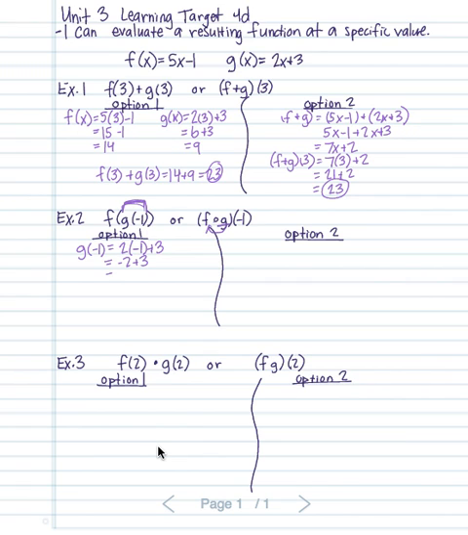But we want to find f of g of negative 1. Well, we just figured out that g of negative 1 equals 1. So what we really want to find is f of 1. We took this and replaced it with 1.